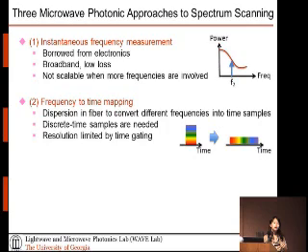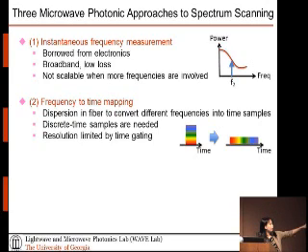The second approach is the frequency to time mapping. Basically, we use the dispersion in fiber to convert different frequencies into time samples. So what is dispersion? If you know the prism, if you launch white light into it, it is split into different spatial positions. But in dispersion, instead of splitting it into spatial positions, it's actually split in time. So different colors come out at different times.